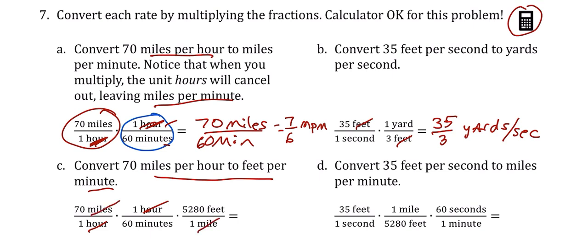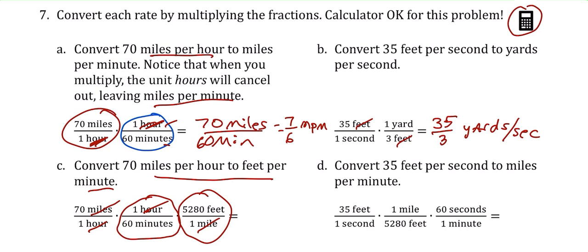So miles is already in the numerator and it cancels with the mile in the denominator. But what I really want you to see is not only did we multiply by a fancy version of 1 right here, we did the same thing here. 5,280 feet is exactly the same as 1 mile.